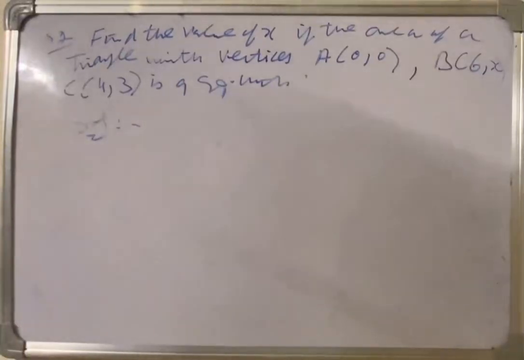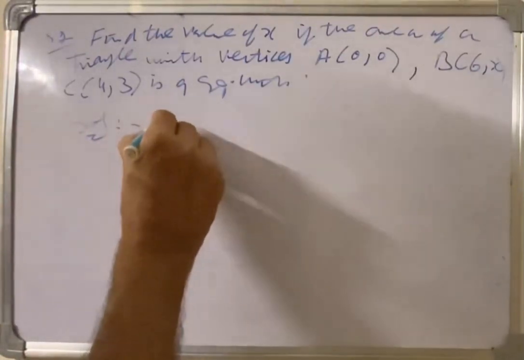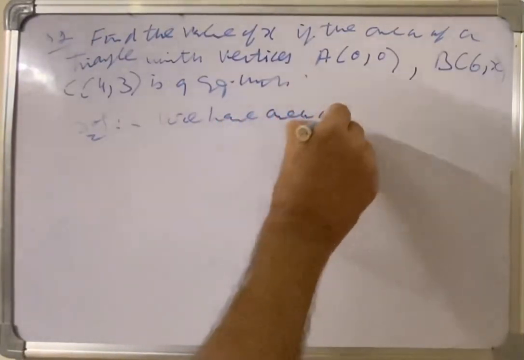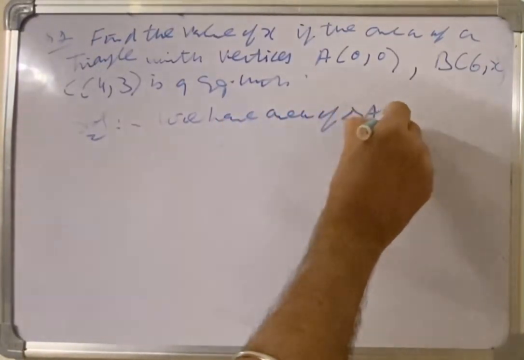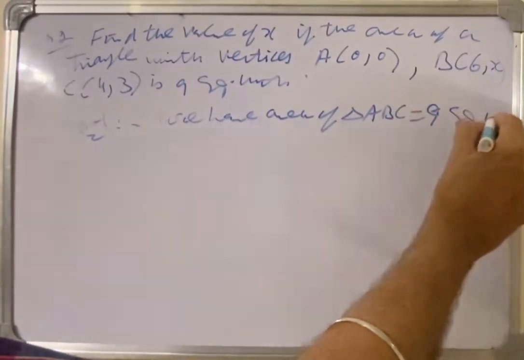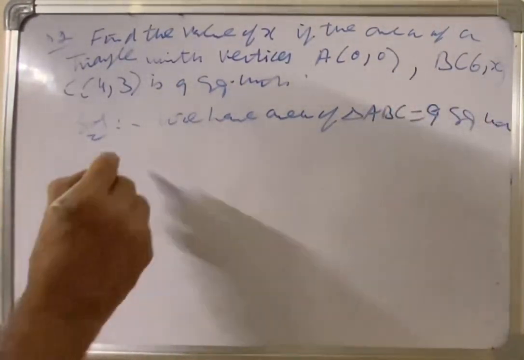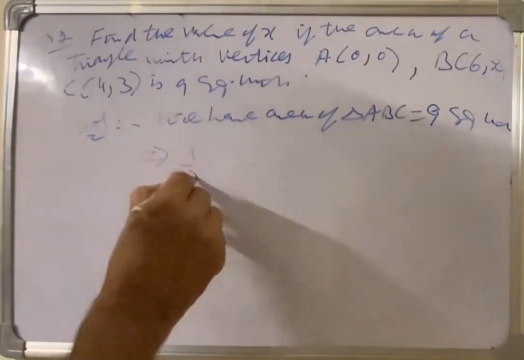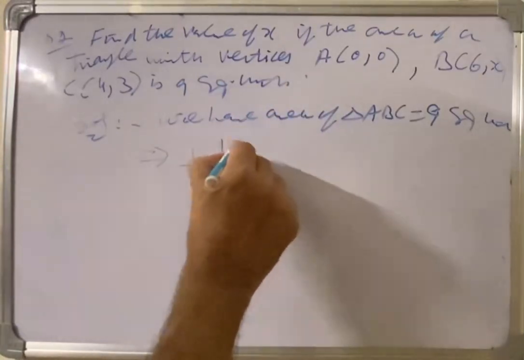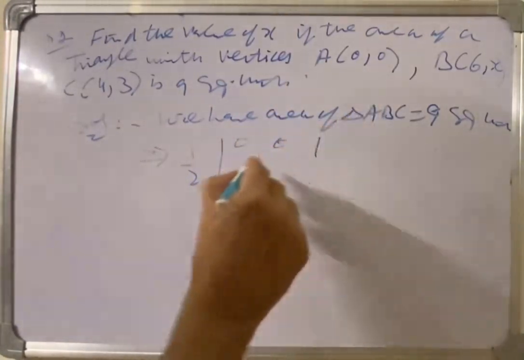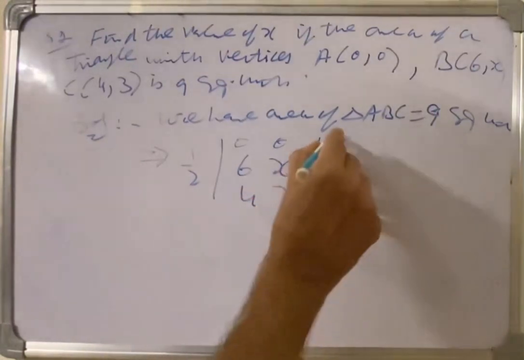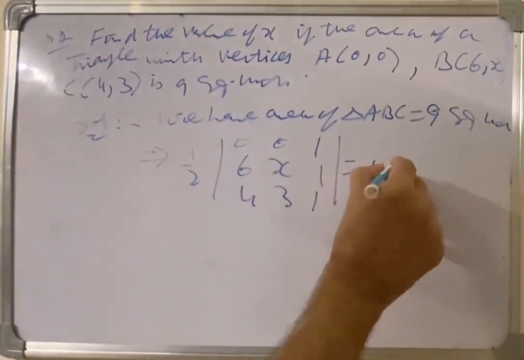As we have done in the previous question, we have area of triangle ABC is 9 square units. Therefore, half determinant of 0 0 1, 6 x 1, 4 3 1 is equal to plus minus 9.